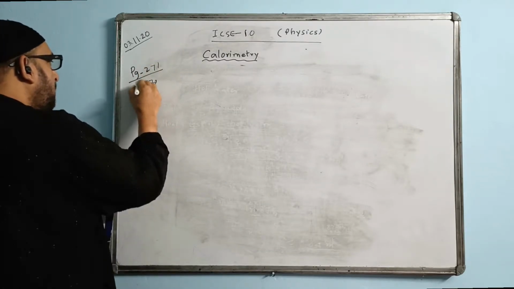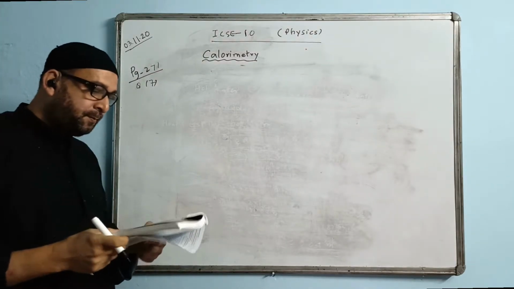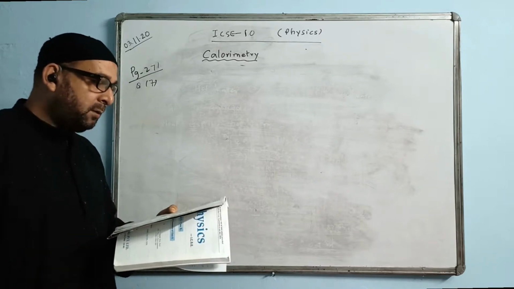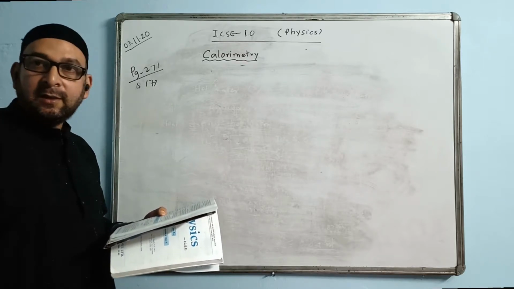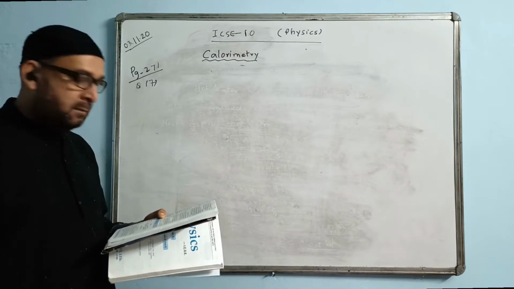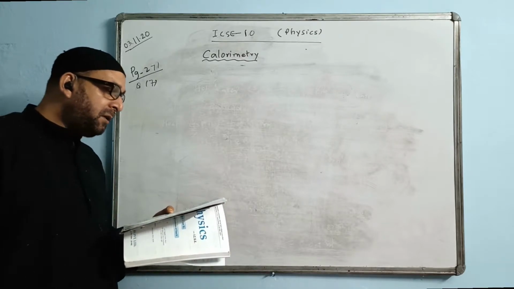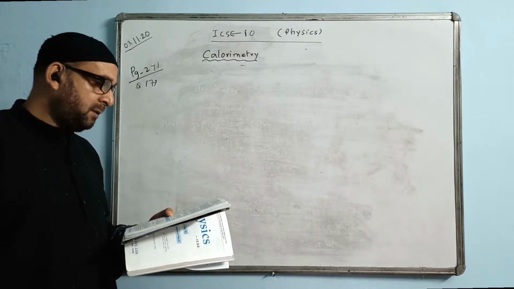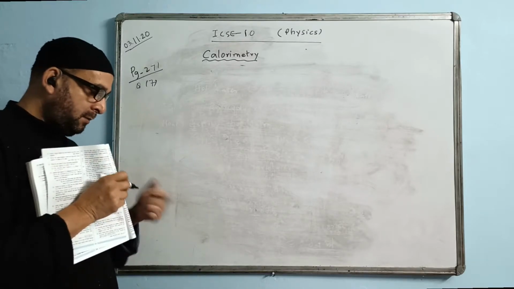Question number 7. The question says: 200 gram of hot water at 80 degrees Celsius is added to 300 gram of cold water at 10 degrees Celsius.